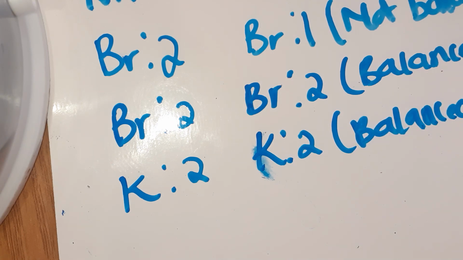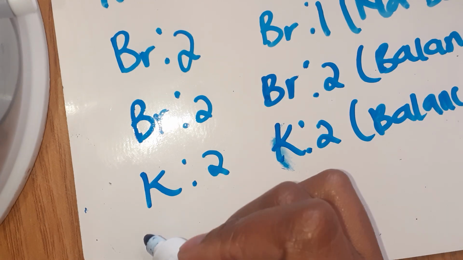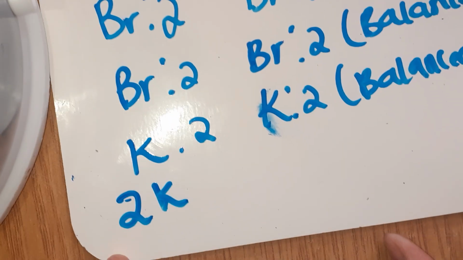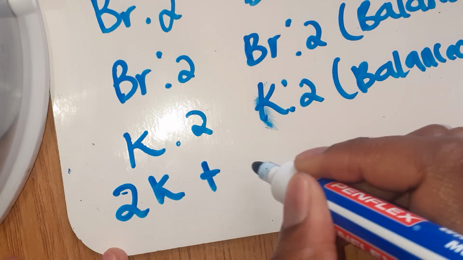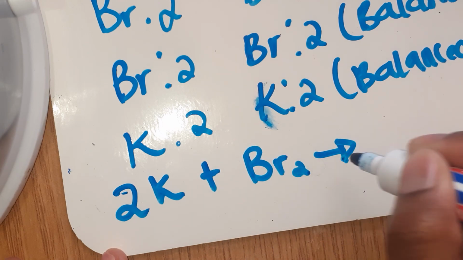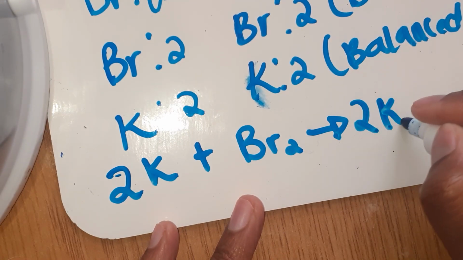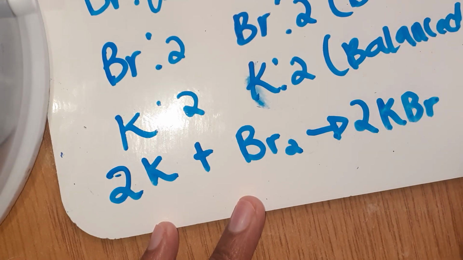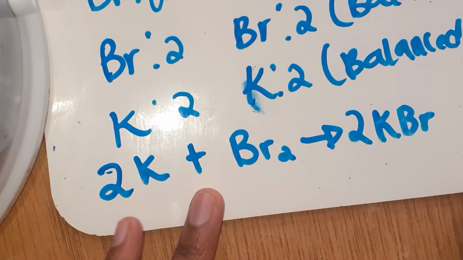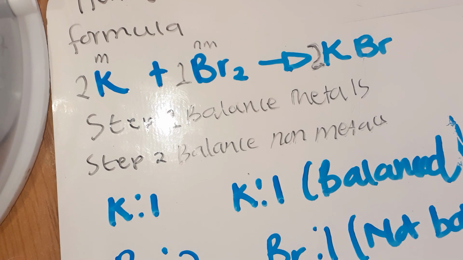So we have balanced this chemical equation, and the balanced chemical equation will be 2K plus Br2 gives 2KBr. So this is the new balanced equation. This is the equation that was not balanced, this one. Let's go to the next one.